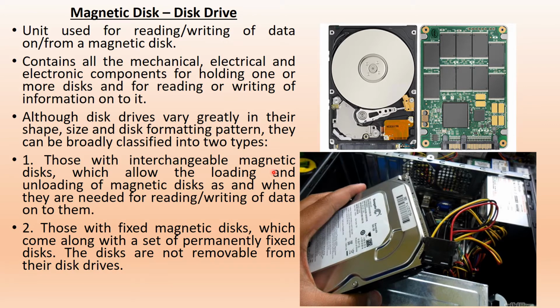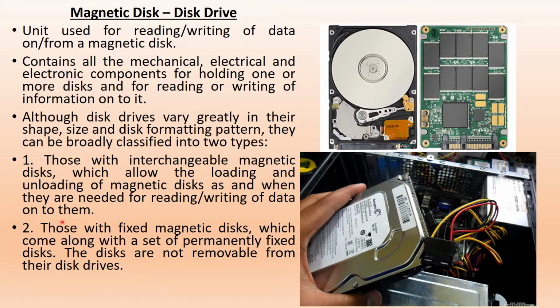Although disk drives vary greatly in their shape, size, and formatting pattern, they can be broadly classified into two types. The first one is those with interchangeable magnetic disks, which allow the loading and unloading of magnetic disks as and when they are needed for reading and writing data onto them.